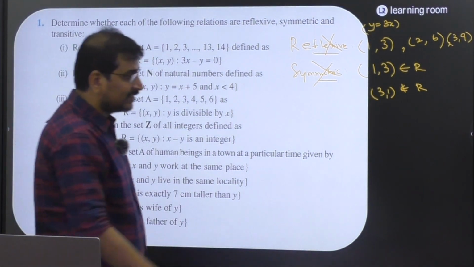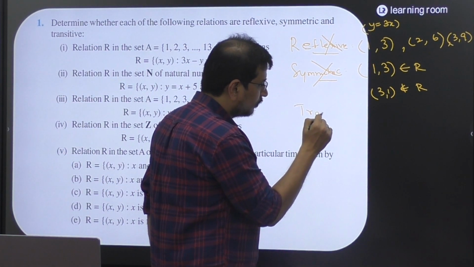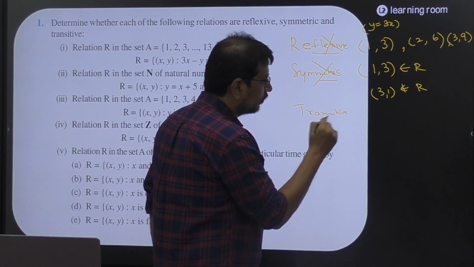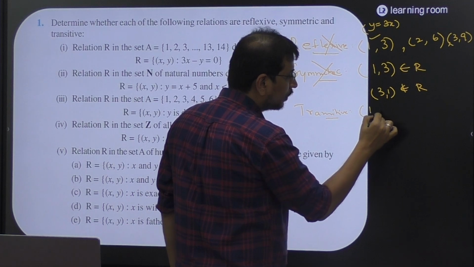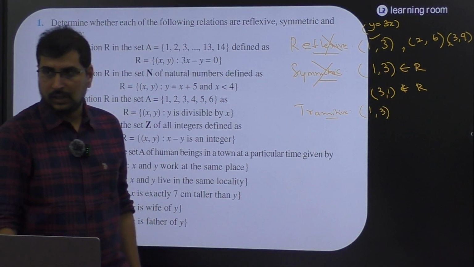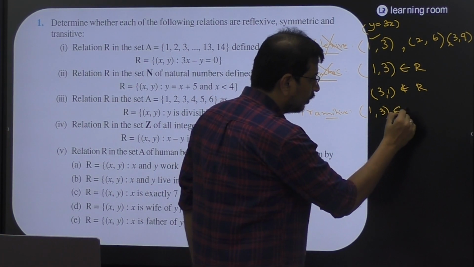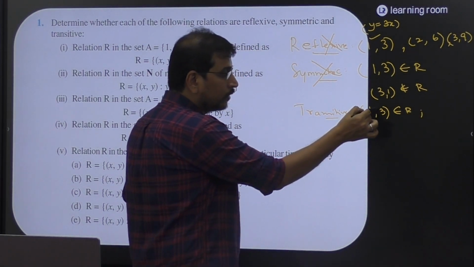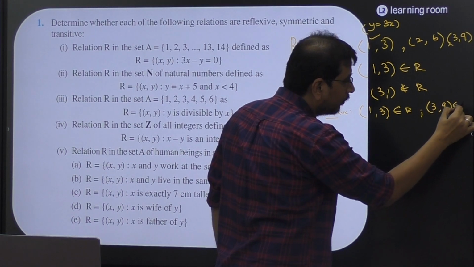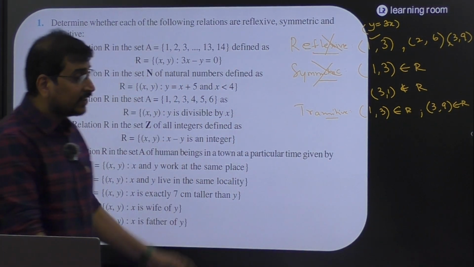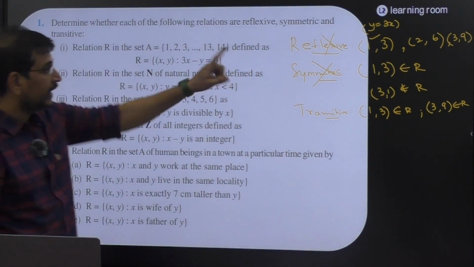Right? Then what about transitive? So I have (1, 3) belongs to R, right? And observe this, (3, 9) belongs to R. When I substitute 9 in the place of x, what will I get?